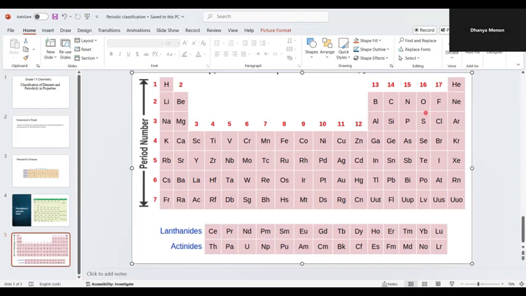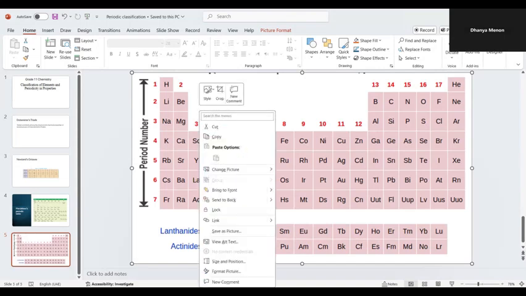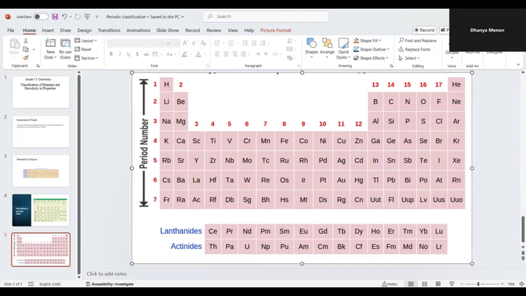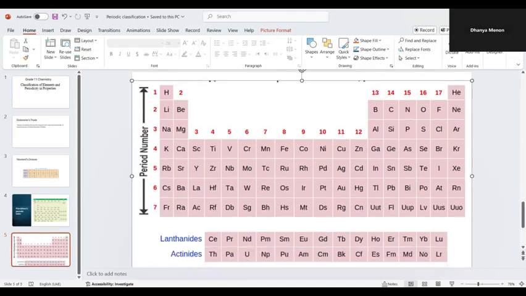Now if you see this particular element, La, lanthanide, Ac, actinide. After this, in some periodic tables you have a gap, because this group of 14 elements of lanthanide should have been here, but otherwise the periodic table will become very big. That is why they have placed it separately.